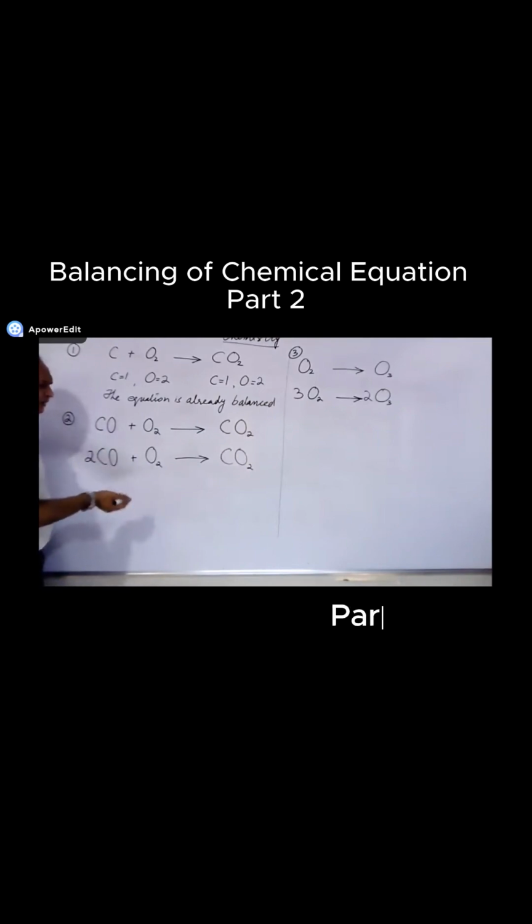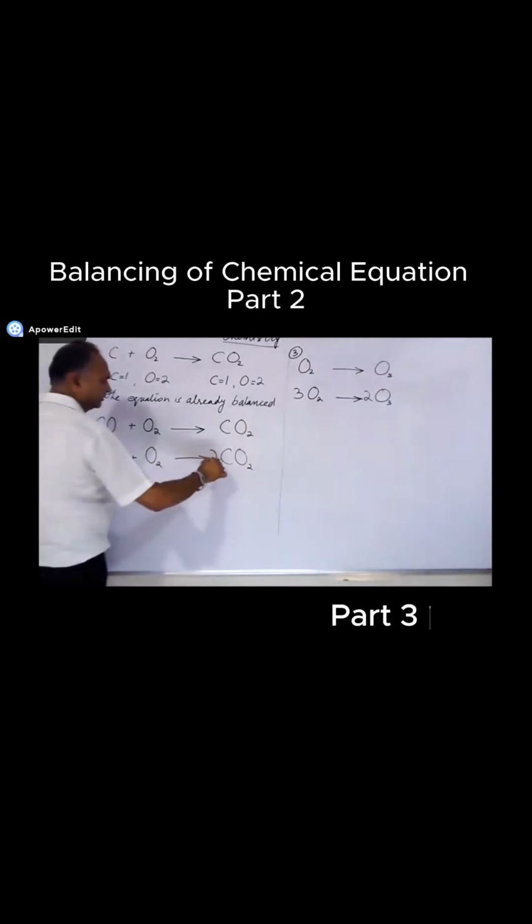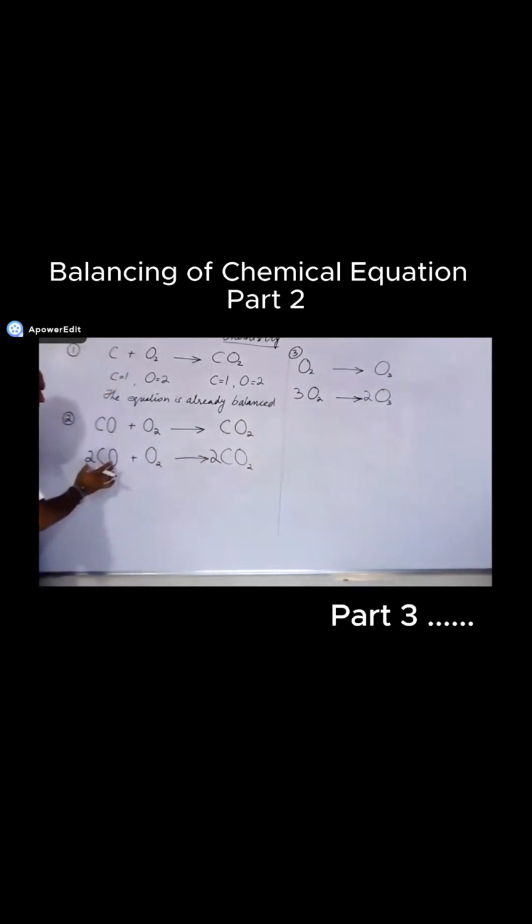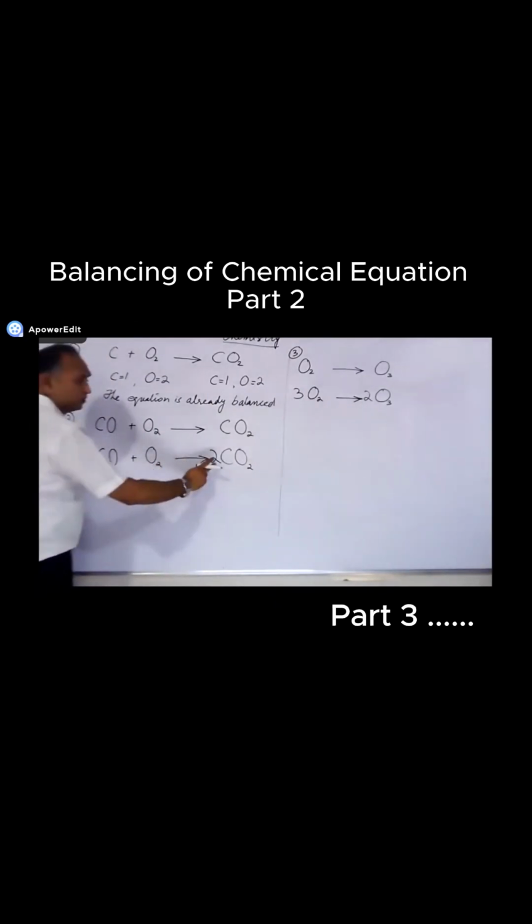Or you can do it by another method, as I told you. How many oxygens? 2 plus 2. 2 oxygens, 2 oxygens. How many? 4. 2 2s are 4. How many carbons? 2 carbons, 2 carbons. This one is a little bit different. I repeat, it was like this.